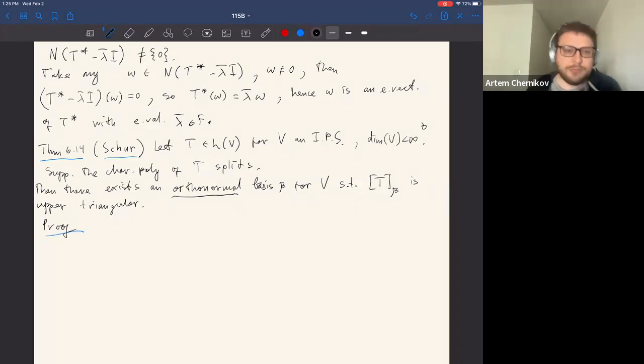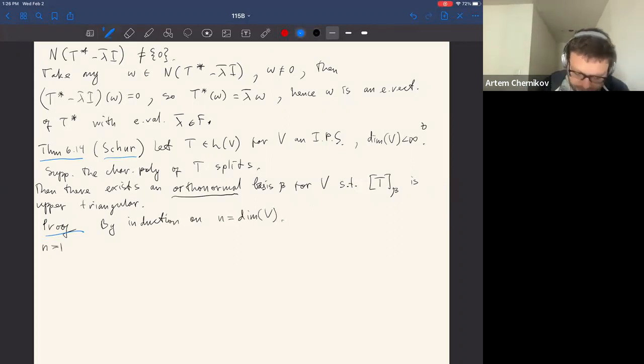Okay, so proof. We will argue by induction on n, the dimension of V. The base case n equals 1 is clear. Why?